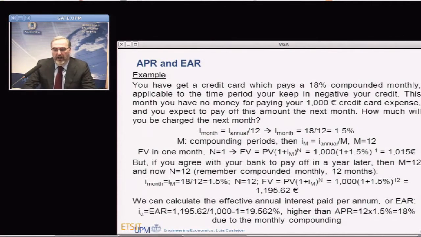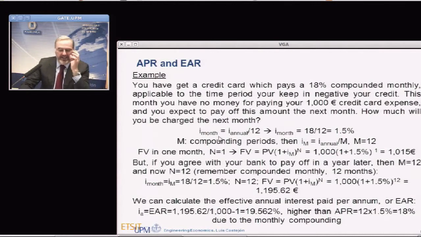Your bank gives you a credit card, and this month you don't have enough money for paying 1,000 euros, which is in your credit card balance. But you expect to pay off this amount next month. How much will you be charged next month? 1,000 euros? No, of course, the bank's business is to charge interest. How do we calculate how much I will be paying at the end of next month?